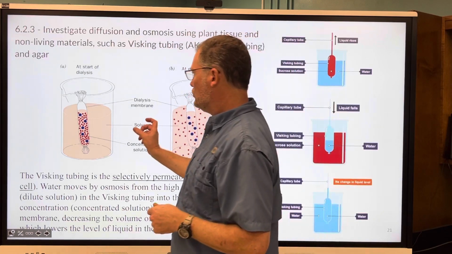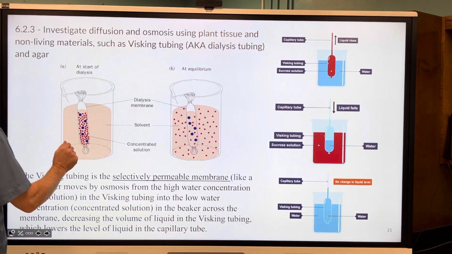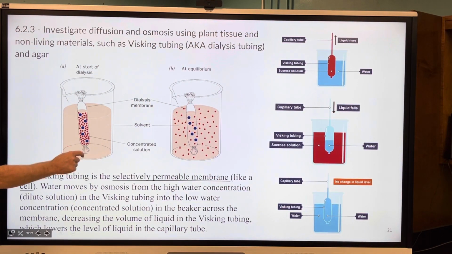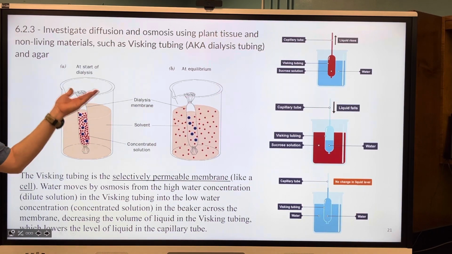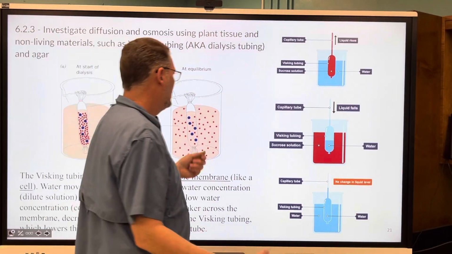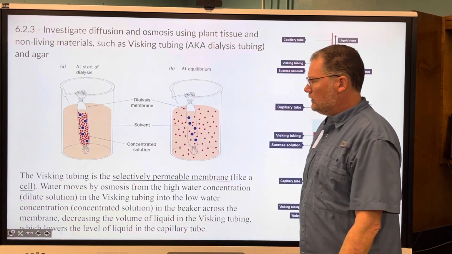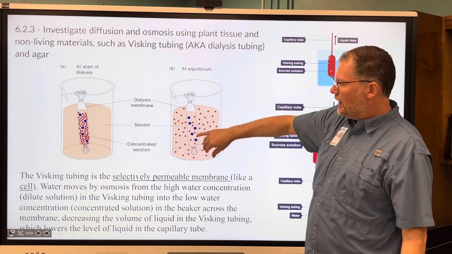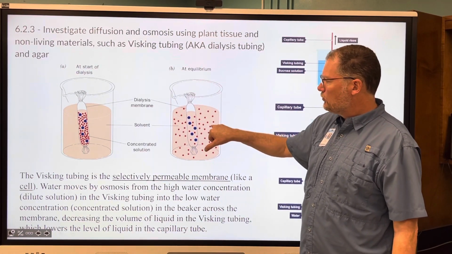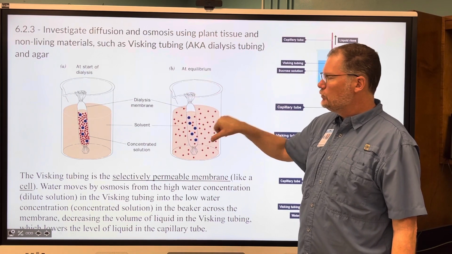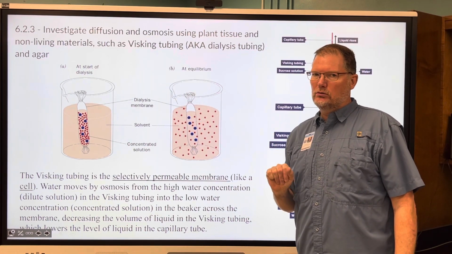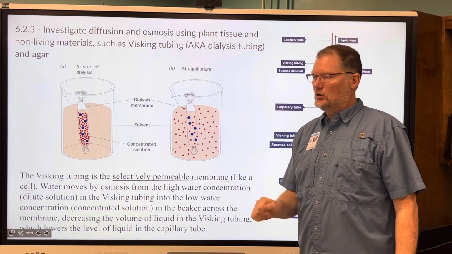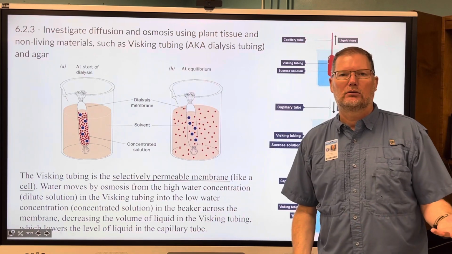So you have this solution in the Visking tubing, and you drop it into water. The solvent is just water. And then over time, you're going to see that the smaller particles diffuse through the Visking tubing, but the larger ones do not.